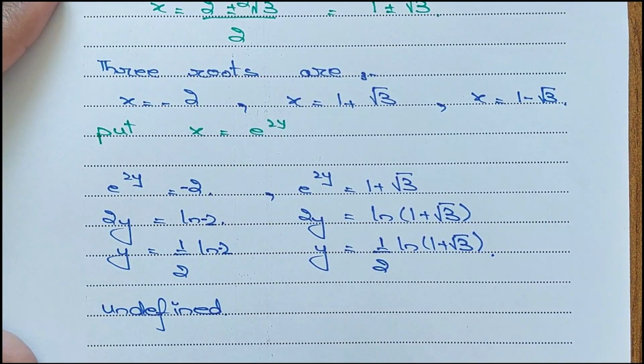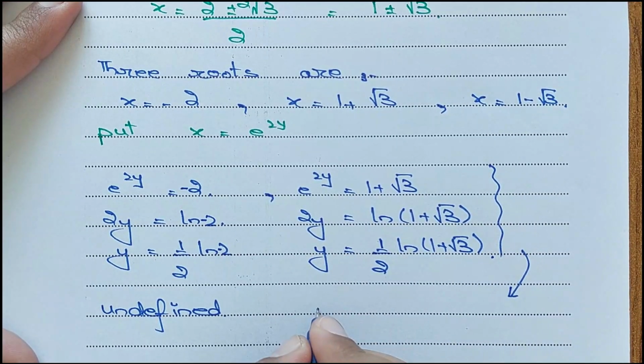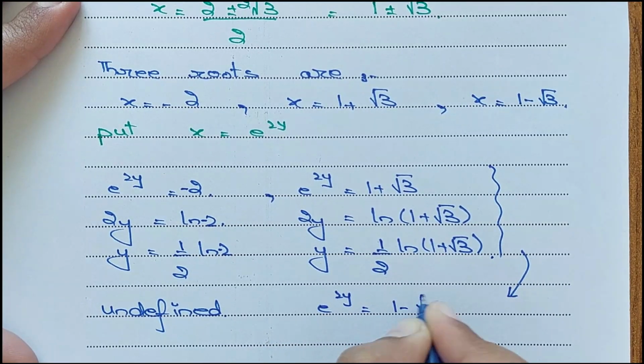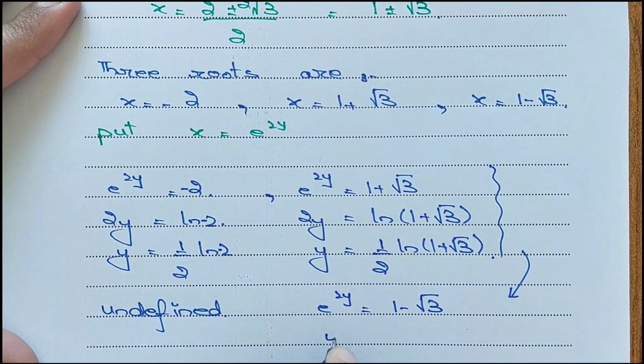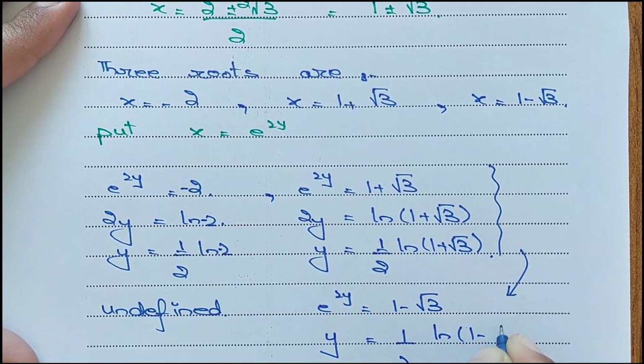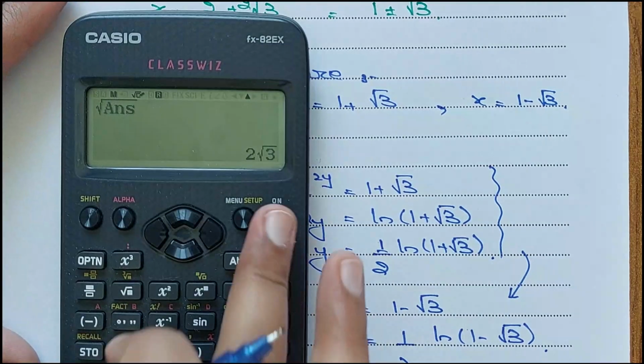right? Now moving to the third one, we can say e power 2y, this is 1 minus square root of 3, and y would be equals to 1 by 2 ln of 1 minus square root of 3. Let me check what is 1 minus square root of 3.